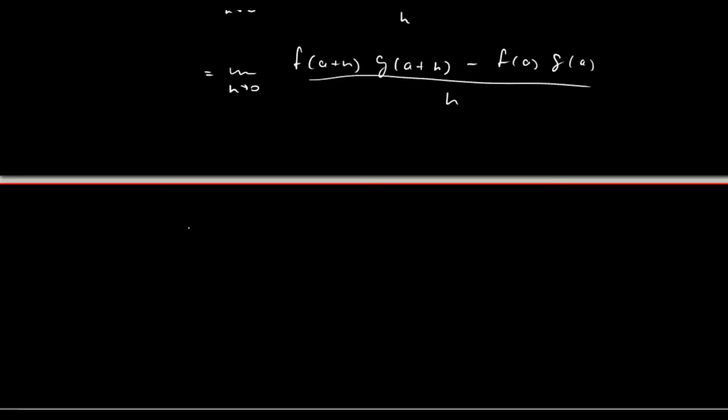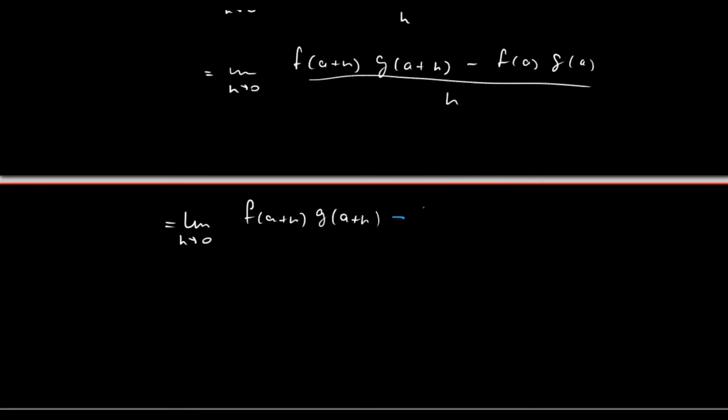And now we're going to write this a bit differently. We leave the first term as it is, and we're going to subtract, and this is very similar to what we did when we worked with sequences and the limit of the product.